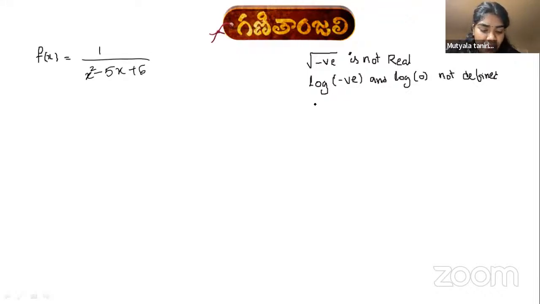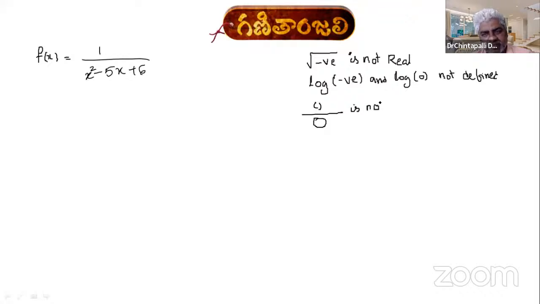Next, something by 0. Undefined. In calculus, in limits it is accepted. I remember I told you, only 0 by 0 is not accepted. 0 by something is accepted and something by 0 is accepted.